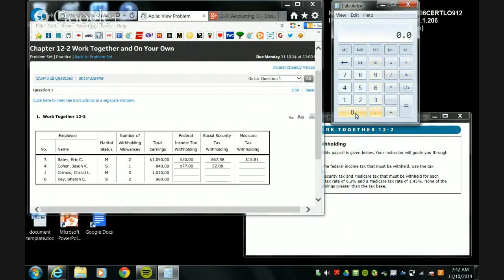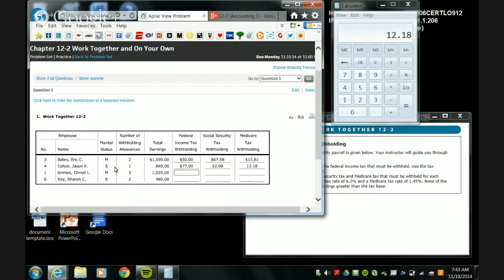Clear that, 0.0145, oops, extra 0, 0.0145, multiply by 840, $12.18 is what we've got here.